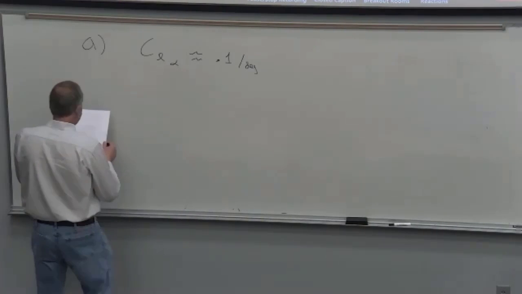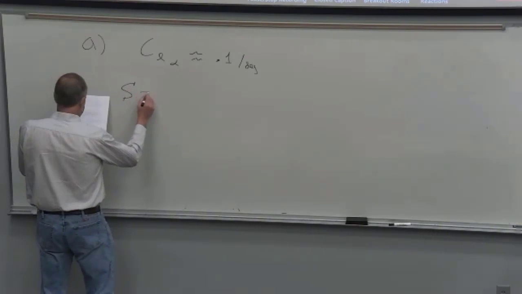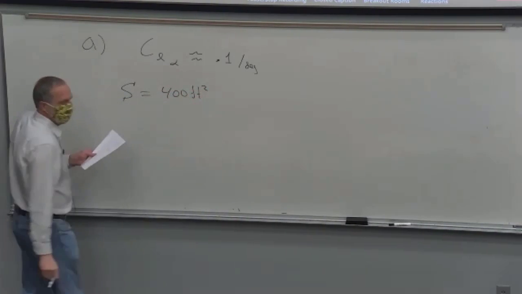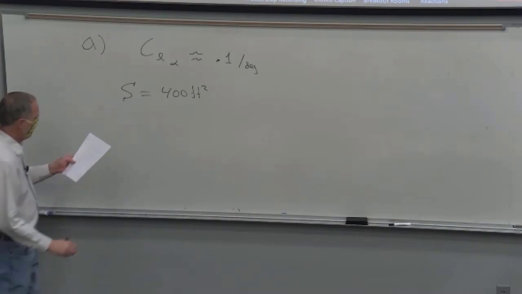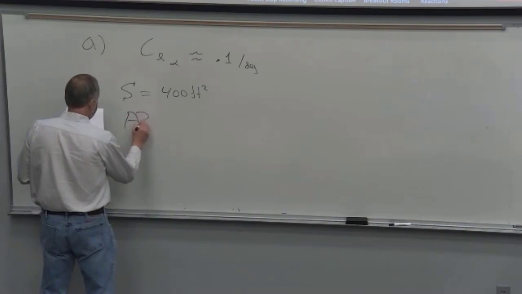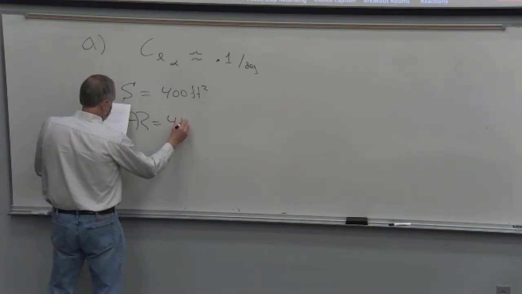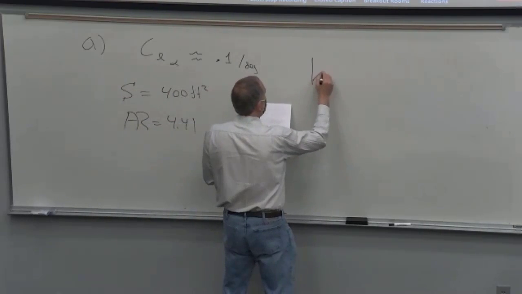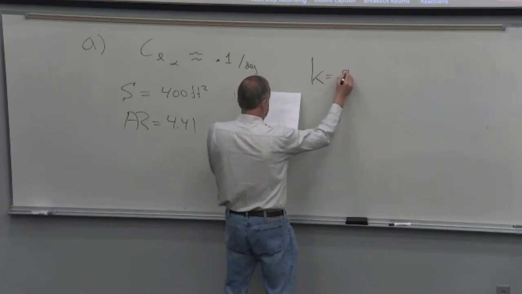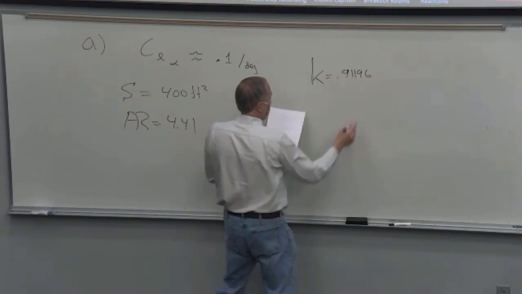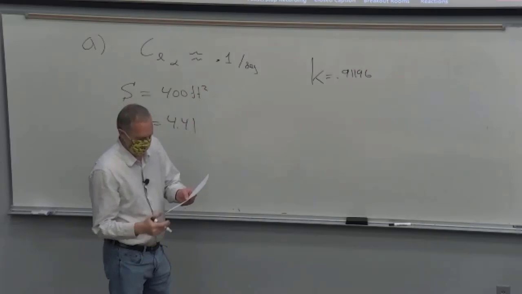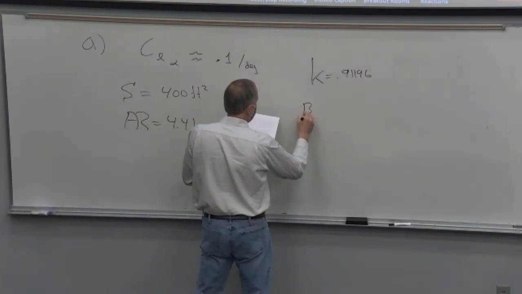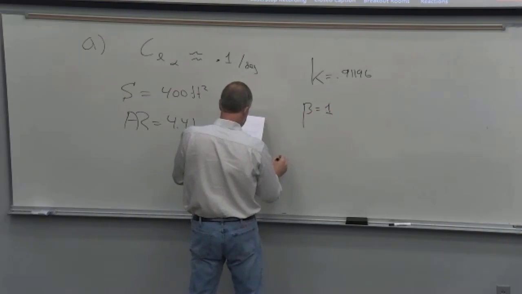And then when we're doing the big formula, wing area, 400 feet squared, aspect ratio, 4.41, little k, 0.91196. We're using a Mach number of 0, so beta is just 1.